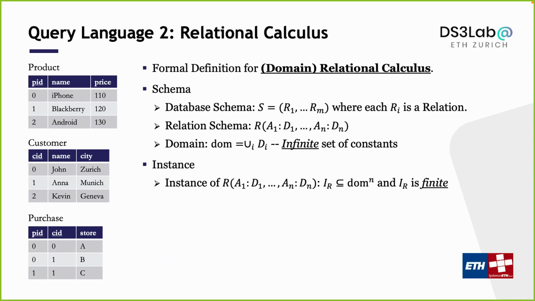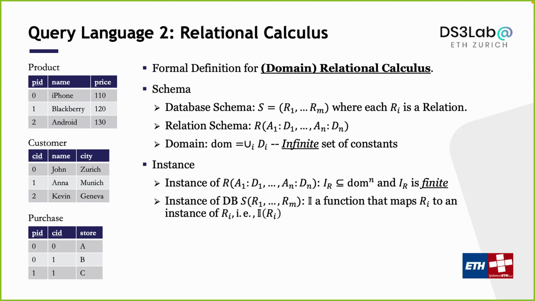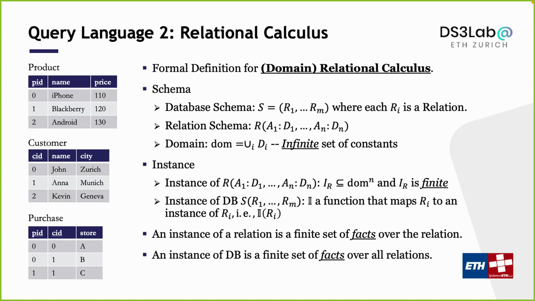Why finite? Because I need to store them somewhere. I'm building a database. I cannot handle an infinite amount of facts stored on my hard drive. So what do we mean by database instance? It's a function that maps each relation name to an instance. An instance of a relation is a finite set of facts over the relation. An instance of a database is a finite set of facts over all the relations.